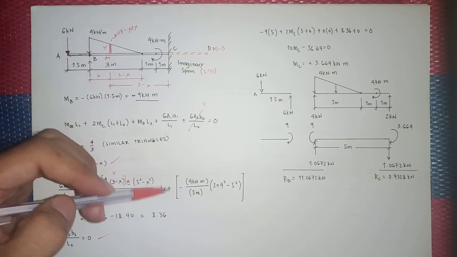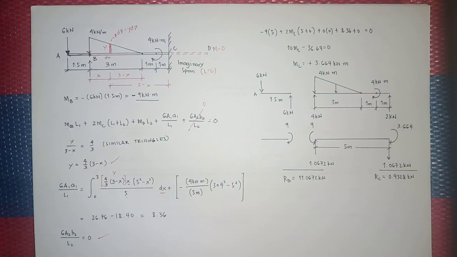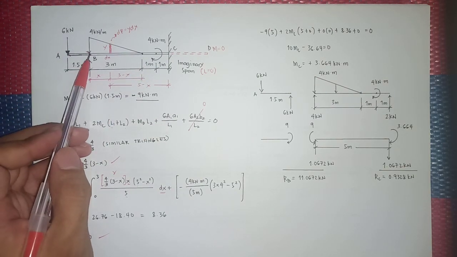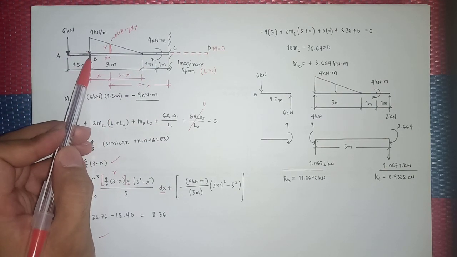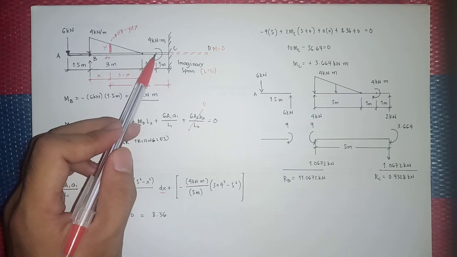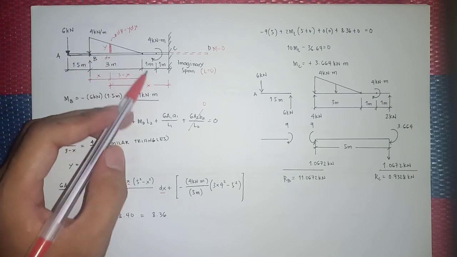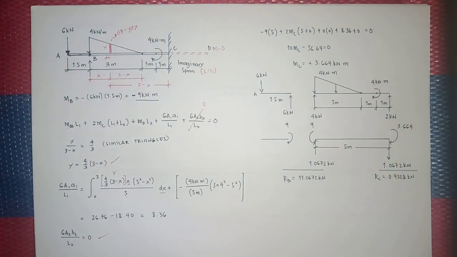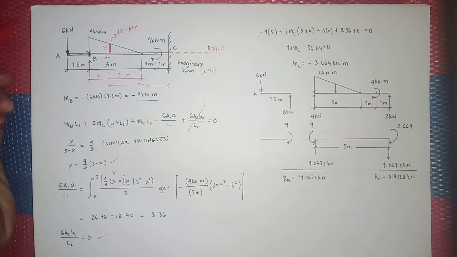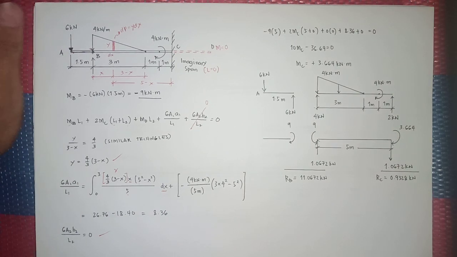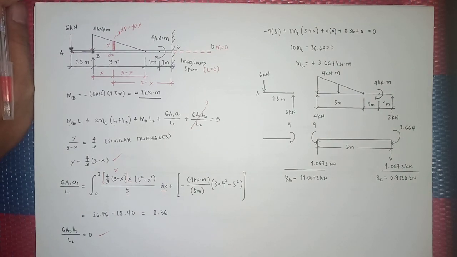Para yan dito. And then, para naman dun sa applied moment, 4 meters from the left portion of the first span, and 1 meter from here, ibig sabihin yung a doon ay 3 plus 1 na 4 meters. Okay, so ginamit natin yung formula na dinerive natin sa part 1.